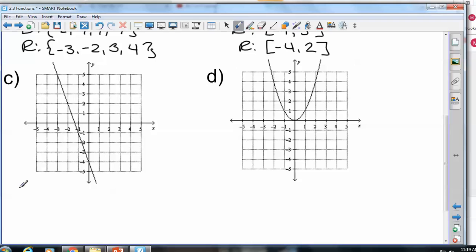Remember, infinities always give parentheses. The range, this is going to keep going down. That one keeps going up, so I don't have a smallest or largest, so my range would be negative infinity to positive infinity.